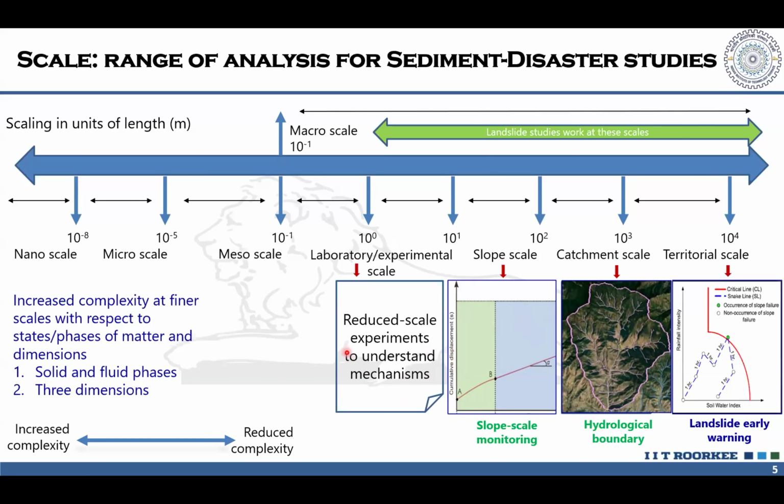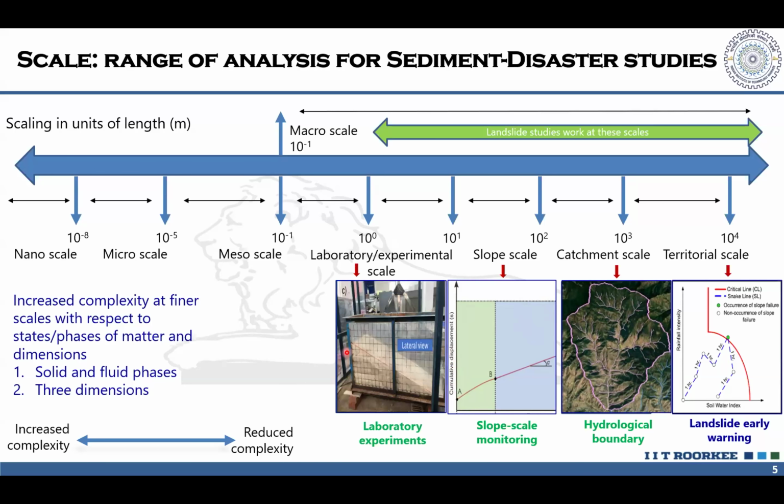As per fundamental geotechnical practice, we have to do fundamental laboratory tests in order to understand the processes. So what we do here at IIT Roorkee are fundamental geotechnical tests that any geotechnical lab will do, and also reduced scale flume experiments, where we scale down the problem in order to understand the triggering processes.